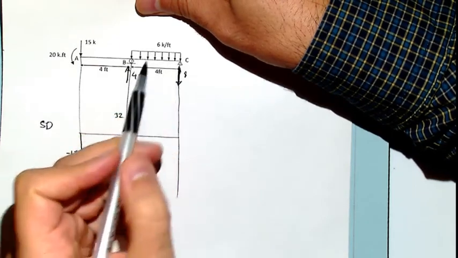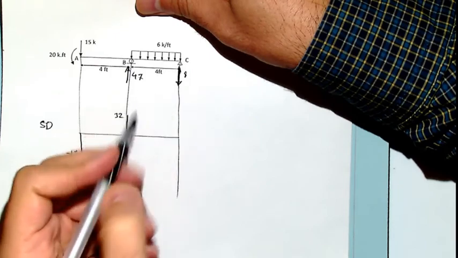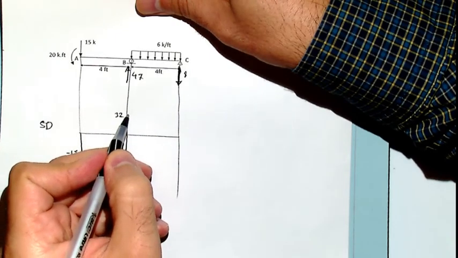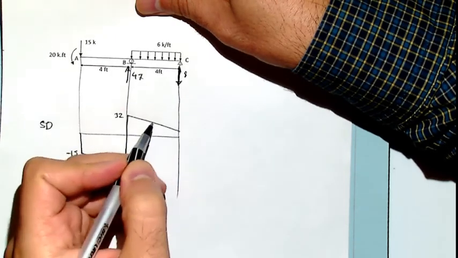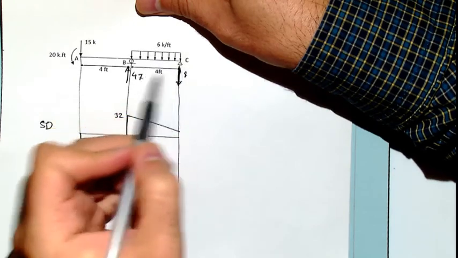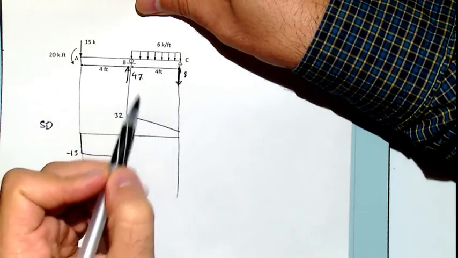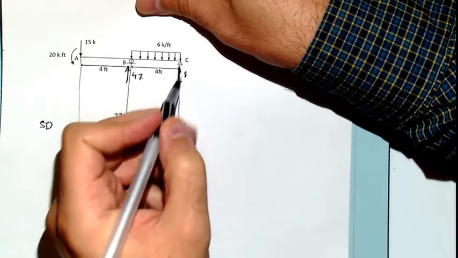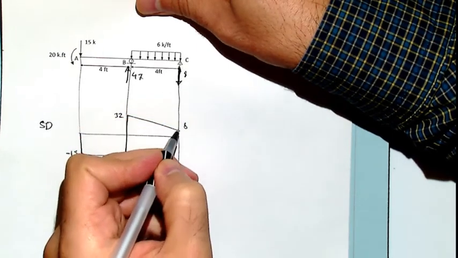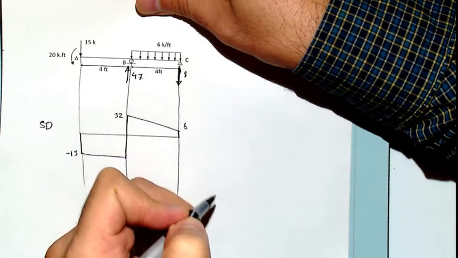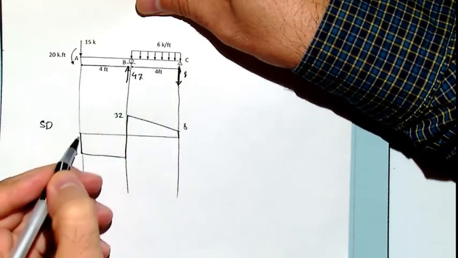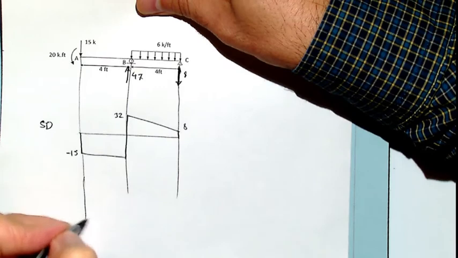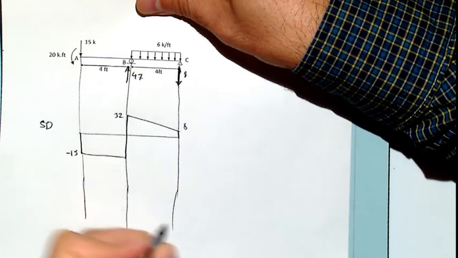Then downward, a straight line would be switched to linear up to this point. 6 multiplied by 4 is 24, deducted from 32, and we're going to reach 8. And it says go down by the amount of 8, and reach 0. So 0 to 0, which shows my drawing and calculation is correct.